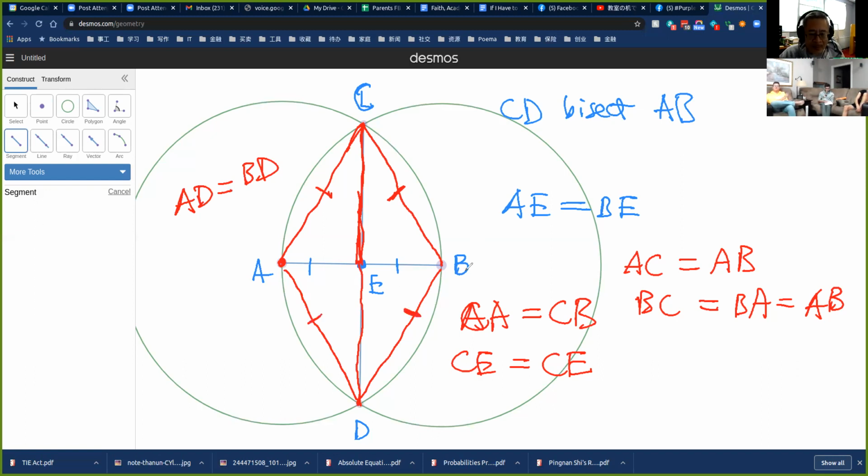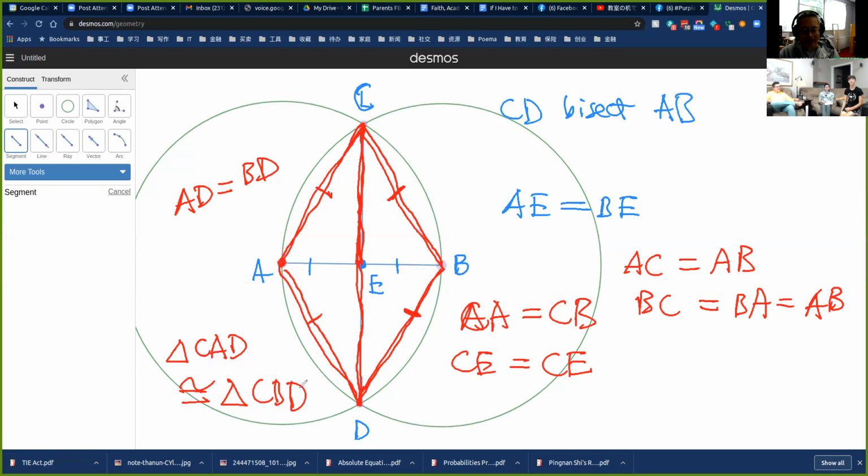And this side is in the middle, so of course these two triangles are congruent. So triangle CAD is congruent to triangle CBD. Good so far? Which means this angle and that angle are congruent, because with two congruent triangles, one on the left and one on the right, all the corresponding angles are congruent.